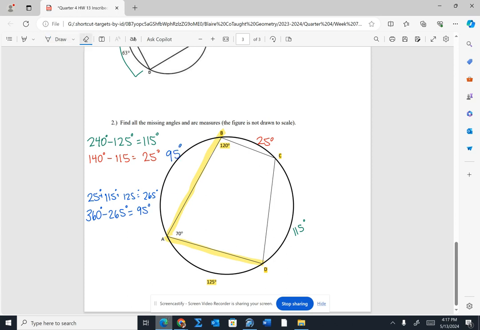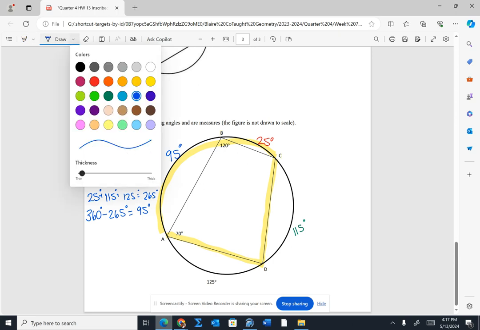There are a couple of inscribed angles left to find. So I'm going to show you sort of the long way, and then we're going to notice a cool pattern. So I'm going to highlight angle D. Then I'm going to highlight the arc that it intercepts. It looks kind of like an ice cream cone. I'm going to add 95 and 25.